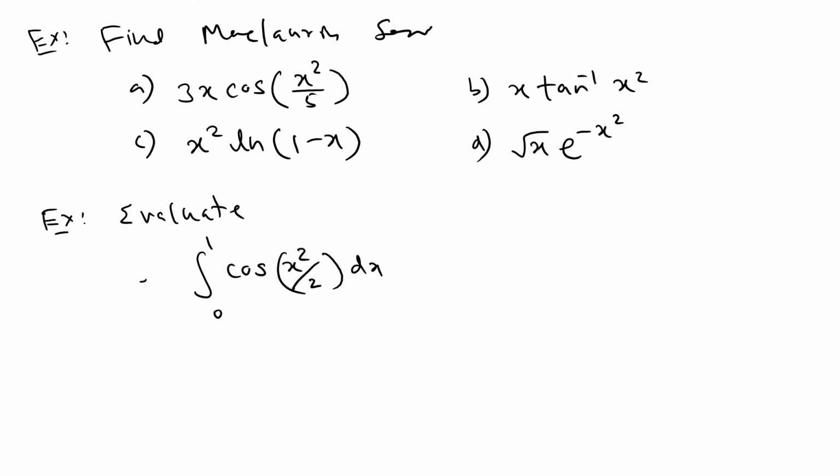This is E and F. Since we know the expansion above, you can do this now: the integral from 0 to 1 of square root x times e to the negative x squared dx. Okay, so try these problems. These are really good practice problems. Good. So this is the end of the power series review.